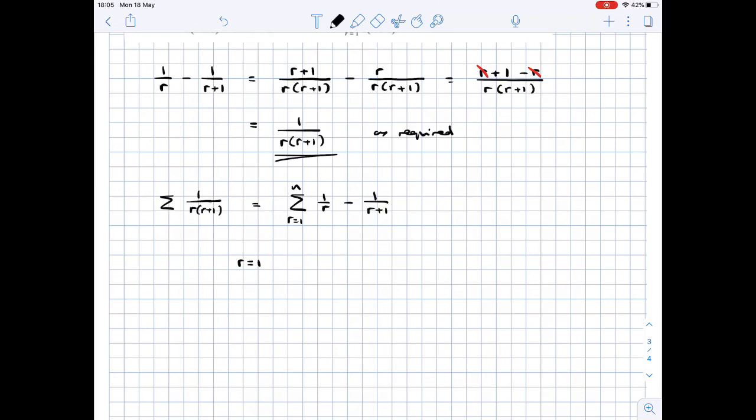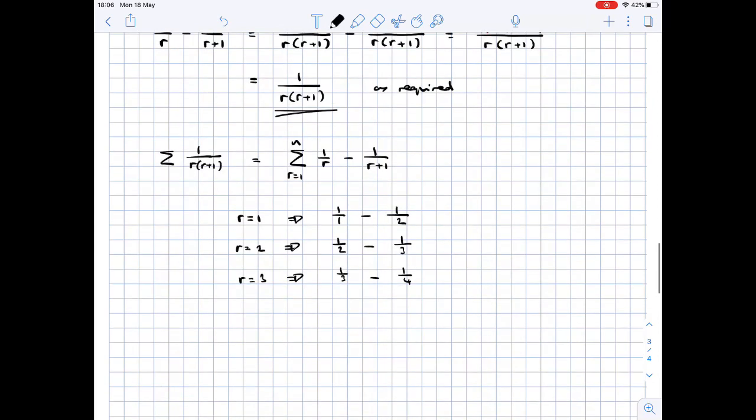So r equals 1, that gives me 1 over 1 minus, well, 1 plus 1 is 2, 1 over 2. When r equals 2, therefore we have 1 over 2, subtract 1 over 3. When r equals 3, we have 1 over 3 minus 1 over 4. And if we keep going with this, to finish with r is equal to n, we end up with 1 over n minus 1 over n plus 1.